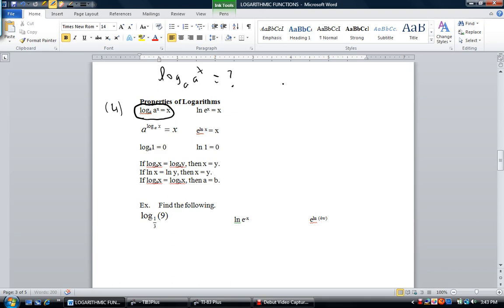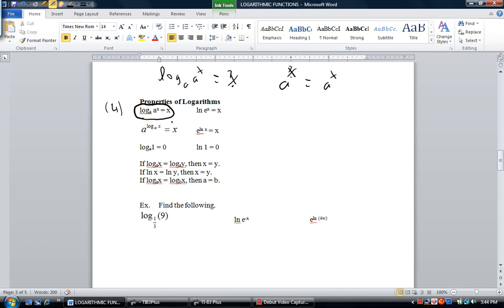If I were to convert that to exponential form, I would start with the base, which is a, and then the question mark equals a log, so that's going to be our exponent, and that equals what we haven't used yet, which is a to the x. Since these two bases are the same, and the two sides are the same, that can only be true if this question mark equals an x, which means the question mark equals x, which means this property is valid.